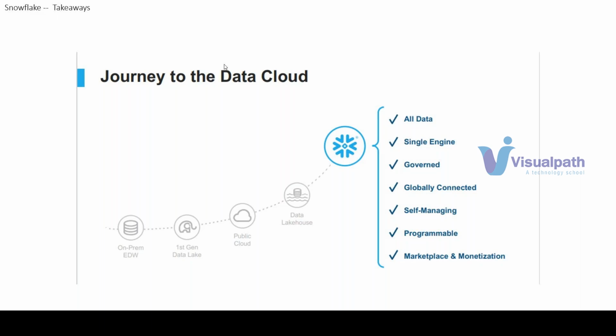So this course is not only data engineering related, but it covers both data engineering and the data analytics platform as well. Basically, that's the Snowflake thing we can see here. So it's going to be one platform.